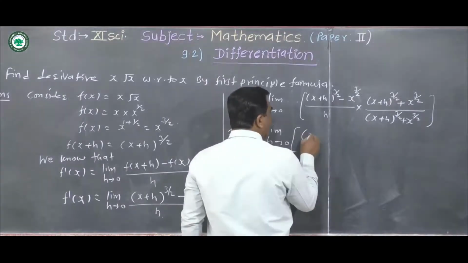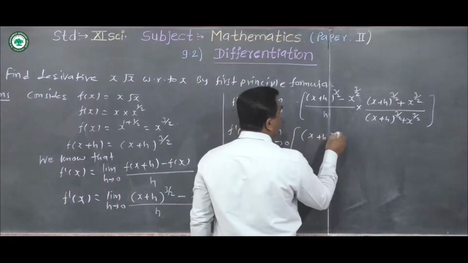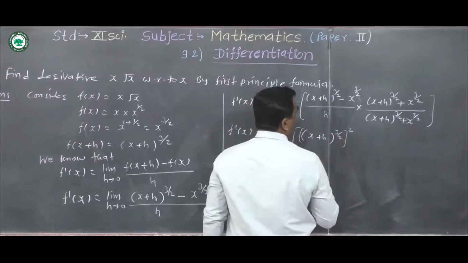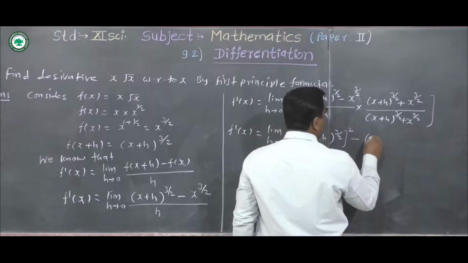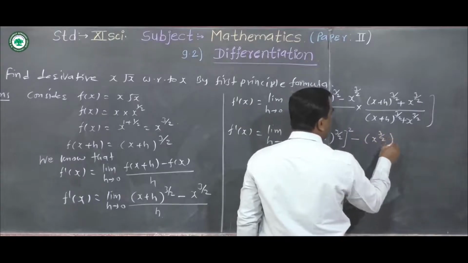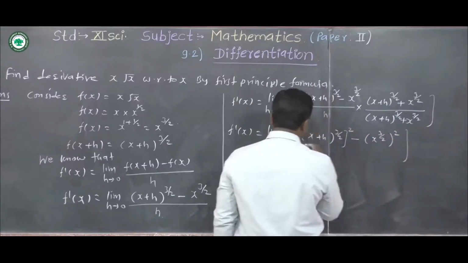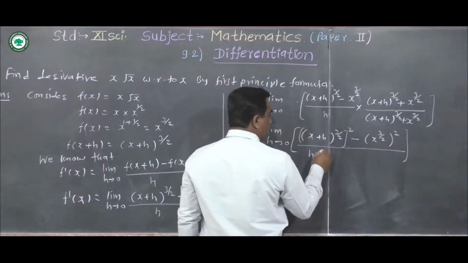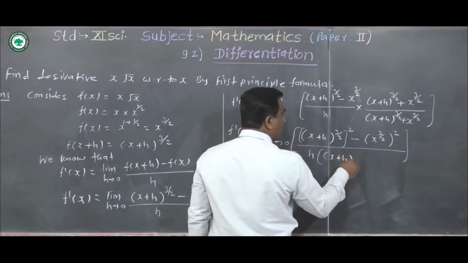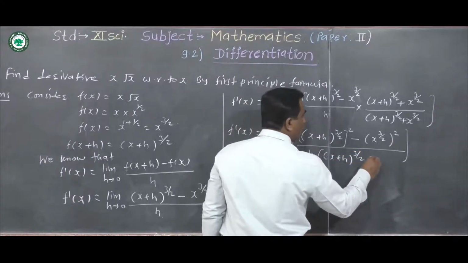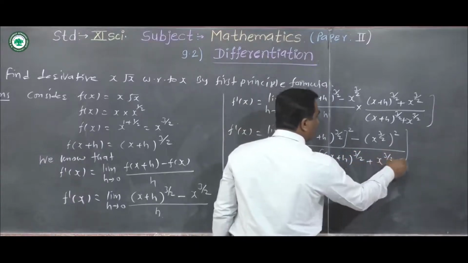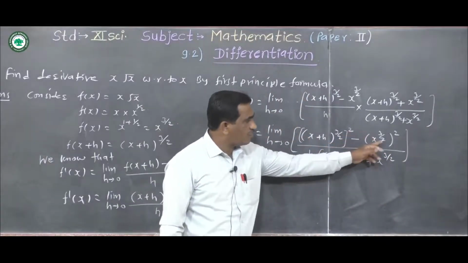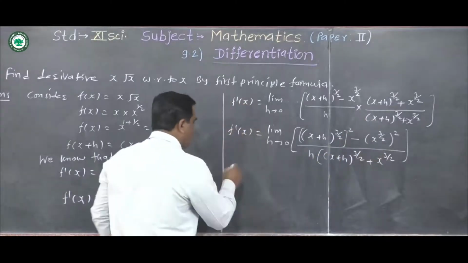Therefore we can write here ((x plus h) raised to 3 by 2) raised to 2 minus (x raised to 3 by 2) raised to 2 upon h into ((x plus h) raised to 3 by 2 plus x raised to 3 by 2). Okay, now at the numerator here the square root and square cancel, here also the square root and square cancel. Now write down the remaining terms here.